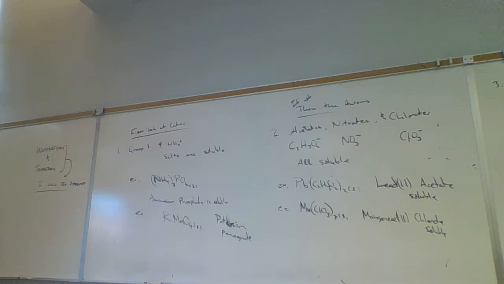Cl2? Well, it's tricky because the "ide" ending tells me it's got to be an anion. And so is it Cl2 minus? But the "ide" also tells us it's monatomic. It's got to just be Cl minus. Bromide? Br minus. Iodide is I minus. What about fluoride?